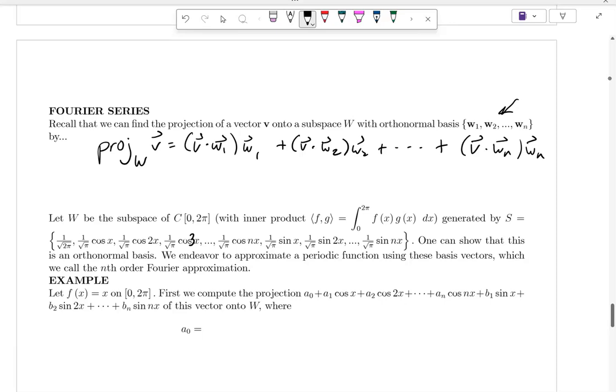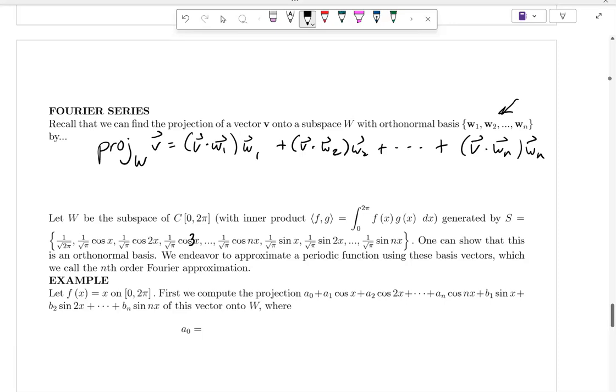So this subspace is generated by, in some sense, nth degree trig polynomials. We've got n sine functions, n cosine functions, and the constant term.